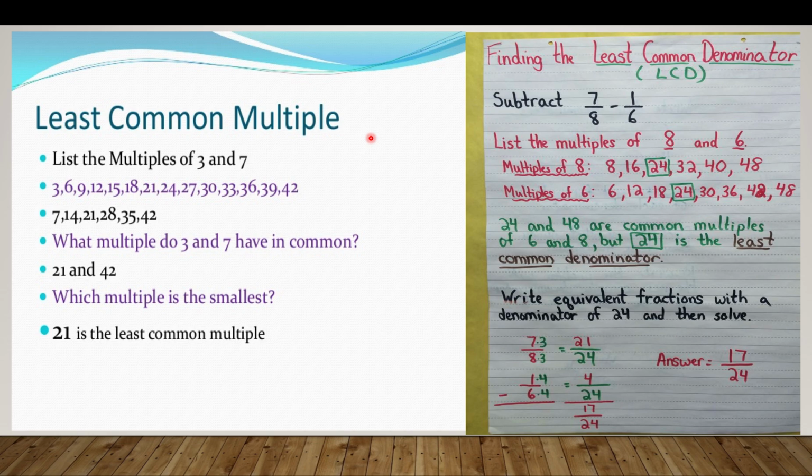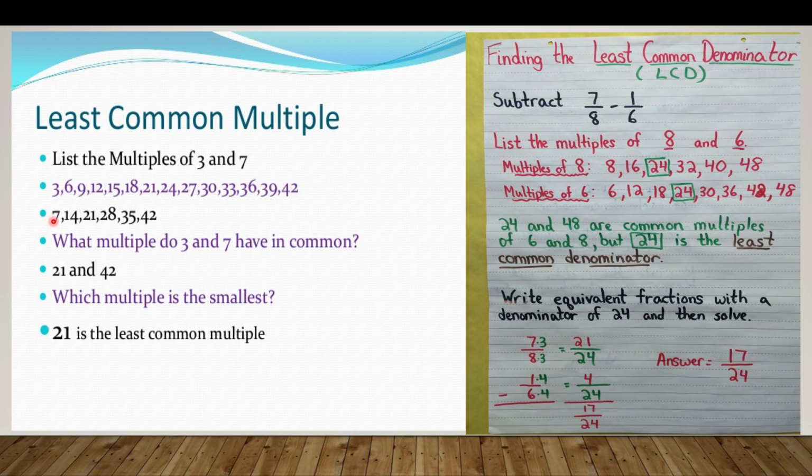For example, 3 and 7. Sometimes we can multiply these two numbers to make quick work of it. But if we do it this way, we start with the multiples of 3: 3, 6, 9, 12. If you pay attention, the pattern is we're adding 3 to every number: 15, 18, 21, 24, 27, all the way to 42.